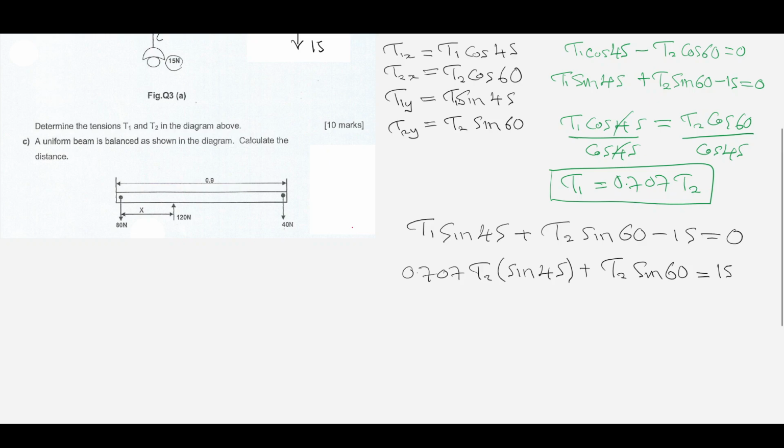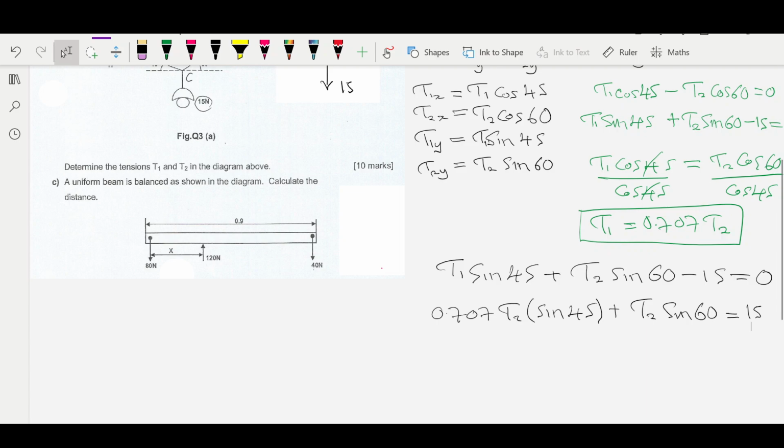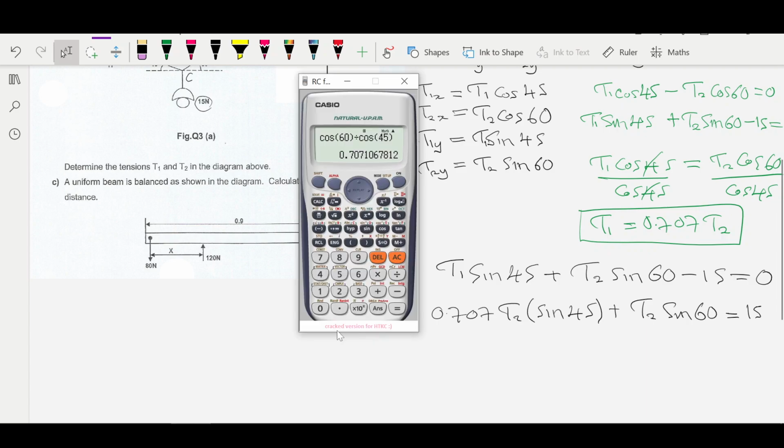So let's punch this on our calculator, what are we going to have? We still have that same number there, so we're just going to say answer times sine 45. What is it going to give us?